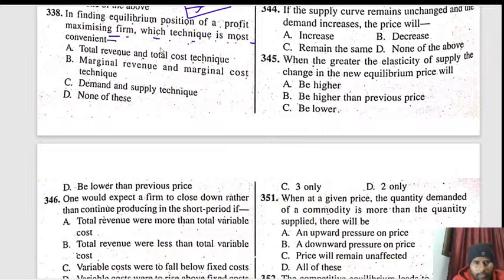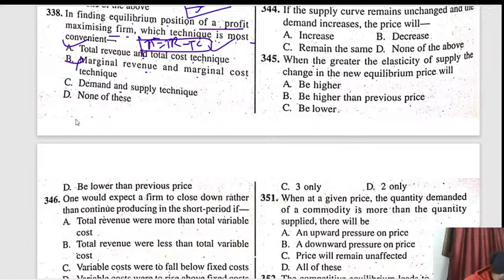Total revenue and total cost method. Yes, because profit is equal to TR minus TC. So when it comes to profit, the correct method will be this only, not MR equal to MC, or the demand and supply technique. So the correct option will be A. 338 it is A.